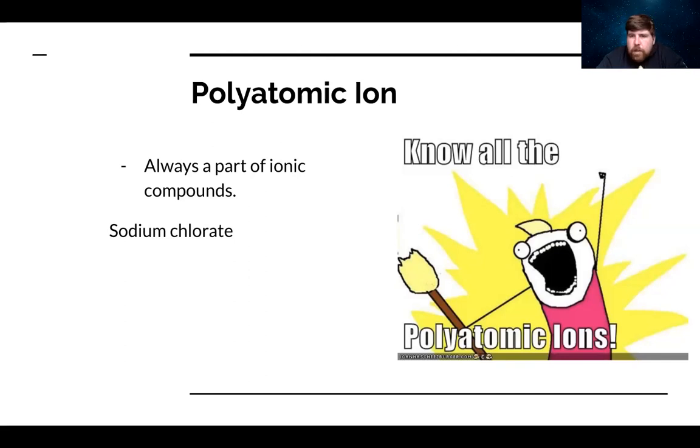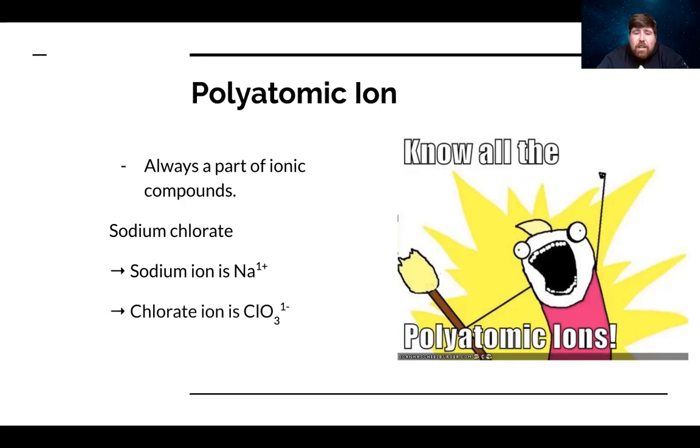So for example, if we're looking at sodium chlorate, sodium is the positively charged metal ion, Na1+, something we're probably fairly familiar with because it's in the first column on the periodic table. Chlorate is another good polyatomic ion to have memorized.